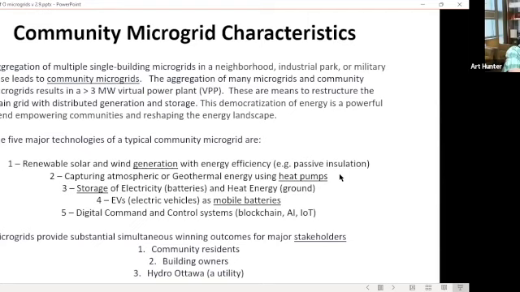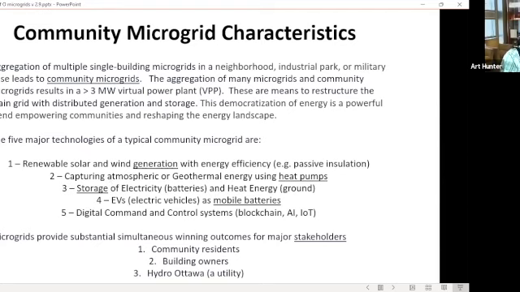And the use of heat pumps is very big and quite important, because most of the energy used in the home, some 81%, is in fact used up in heating and cooling the house. Therefore, one has to look at the use of heat pumps, either capturing from the atmosphere or geothermal.